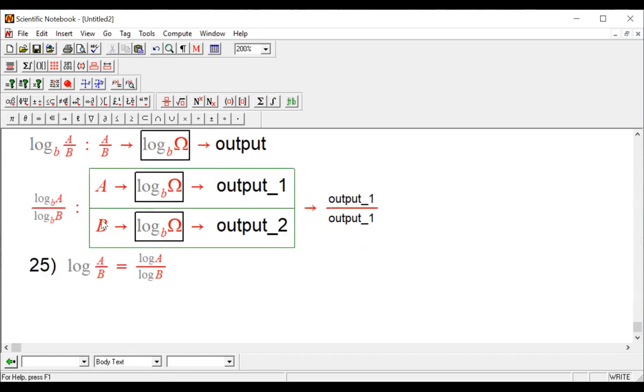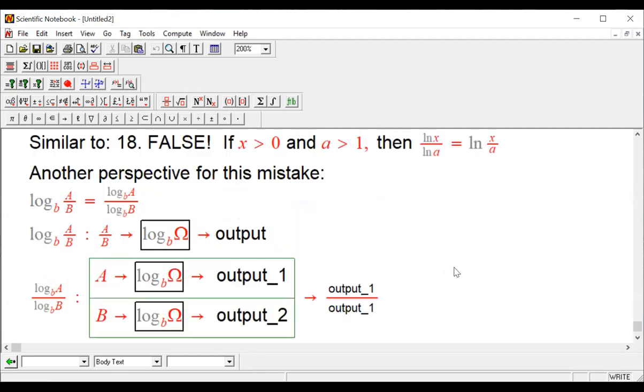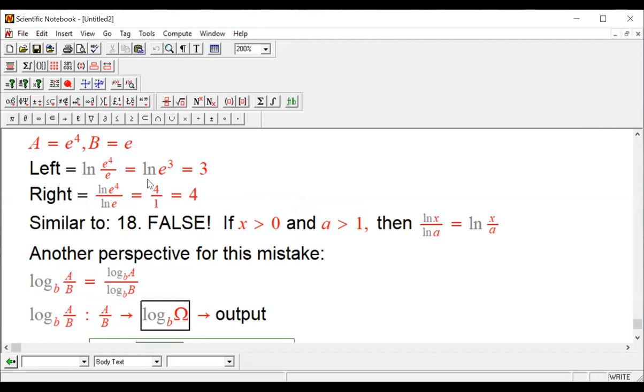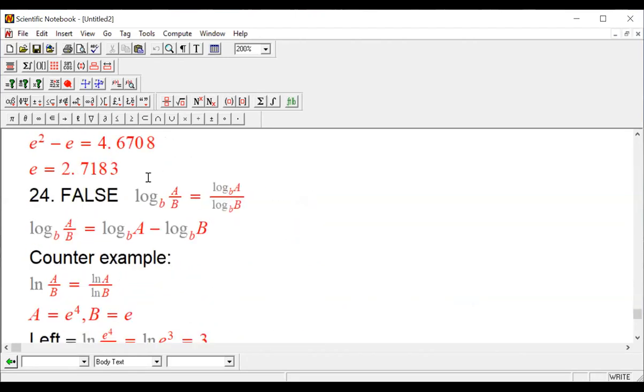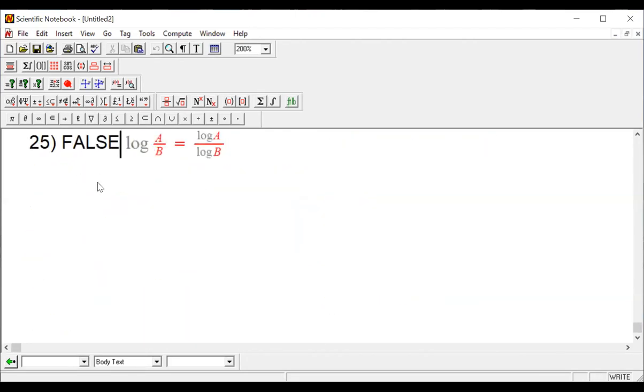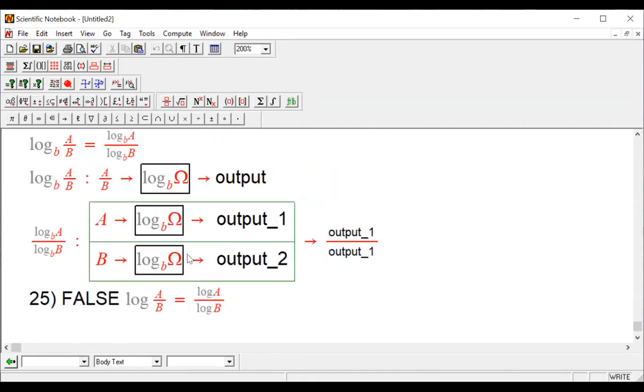This is the same mistake as 24 with base 10. So of course this is false, and we can easily make counter examples.